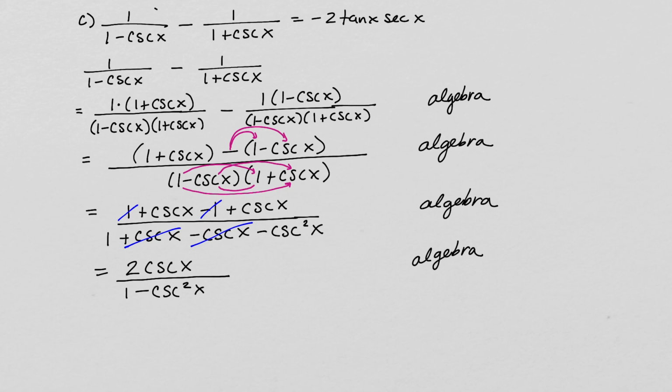1 minus cosecant squared x, that's a good candidate for using a Pythagorean identity. If you go back to where we did the Pythagorean identities, one of the Pythagorean identities that we had was that the cotangent squared of x plus 1 equals the cosecant squared of x.